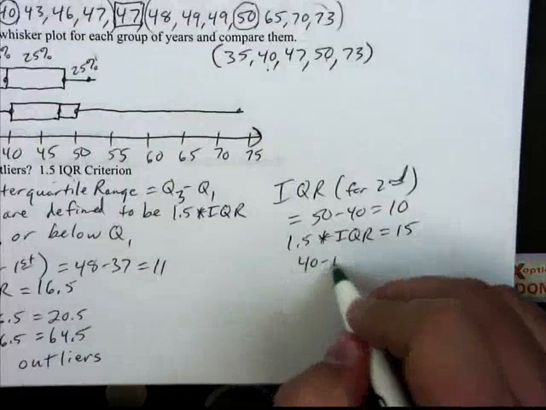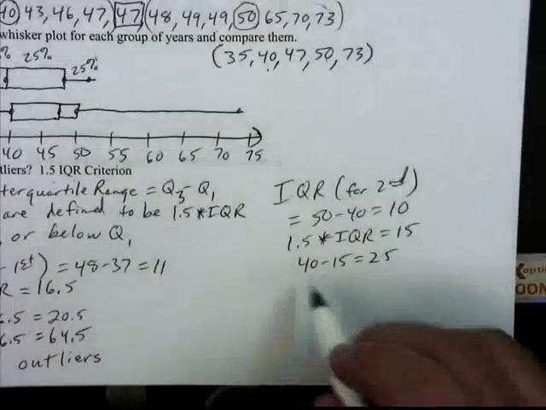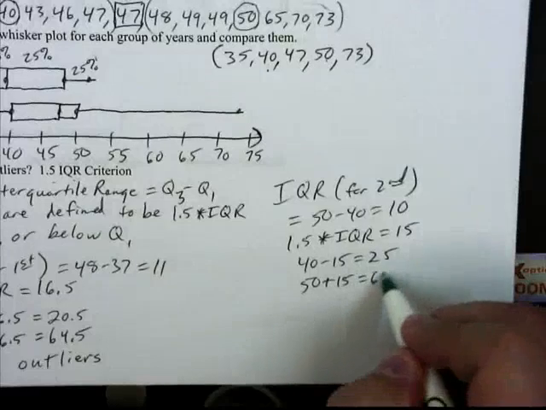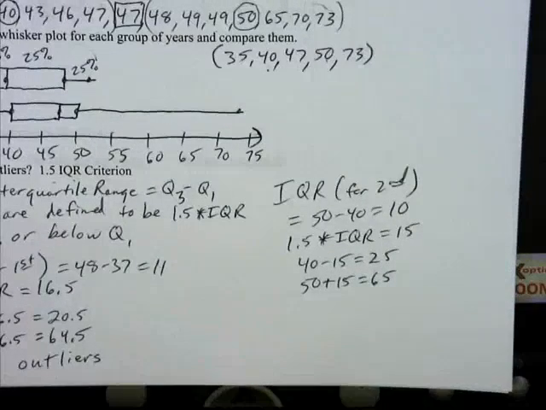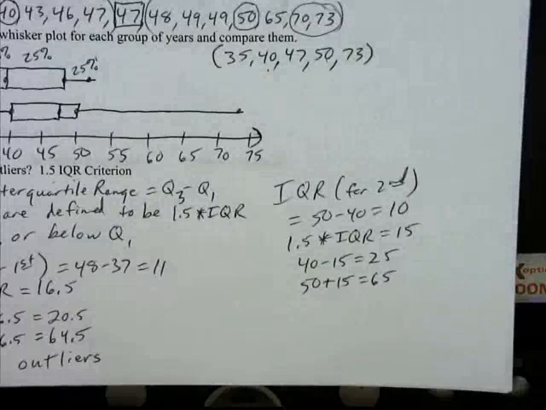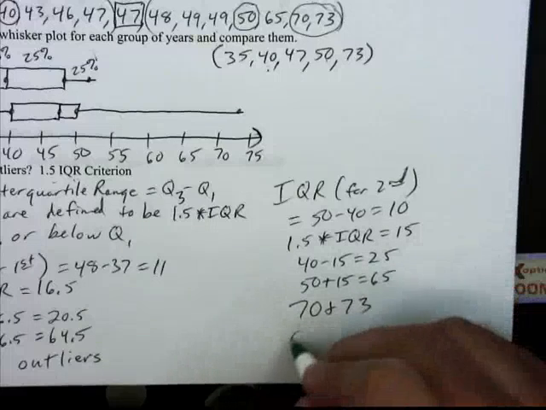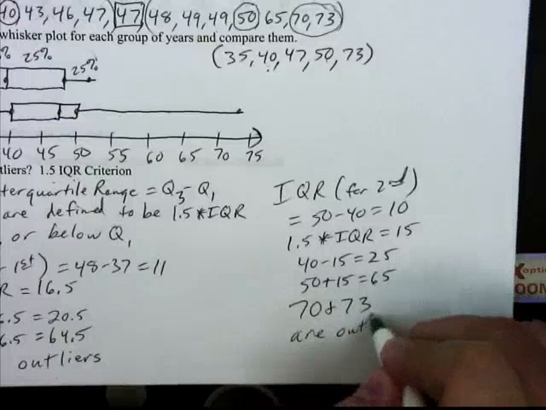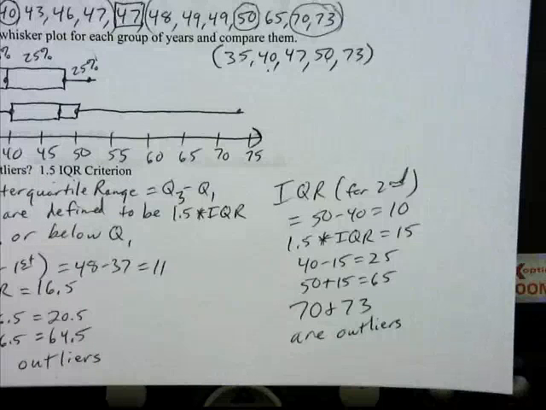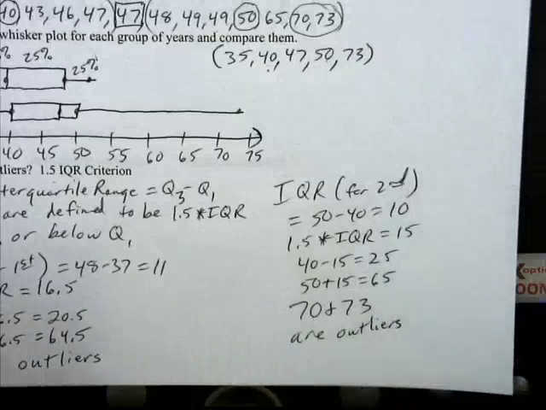So 15 below 40 gives us 25, and there's no numbers that are less than 25, so we don't have any outliers there. But 50 plus 15 gives us 65. And notice we have two numbers which are above 65, so those are both outliers. 70 and 73 are outliers. Alrighty, so that's how we find whether we've got numbers that are going to skew our data.